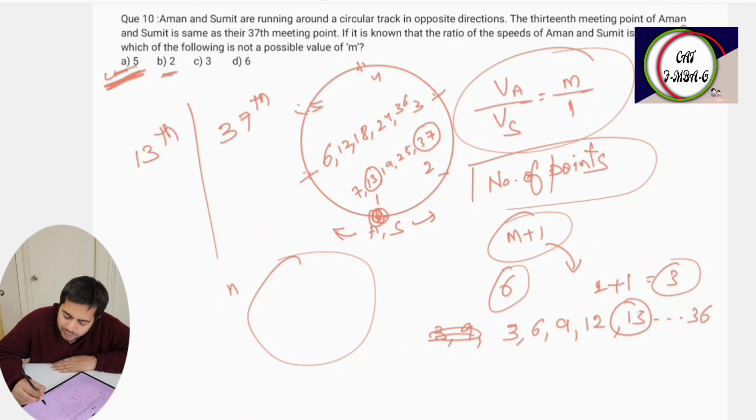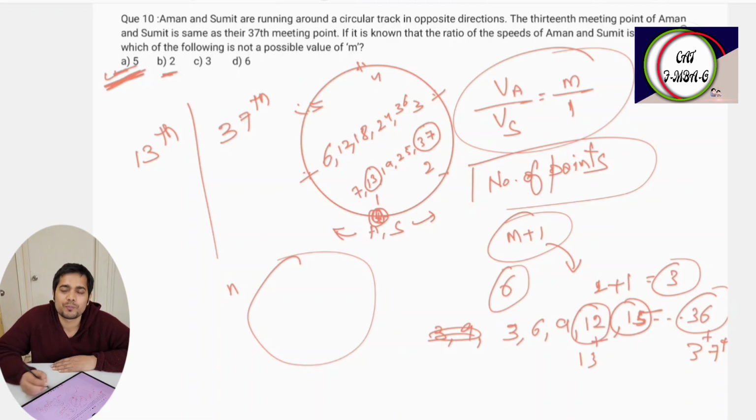So the 12th and 36th points are the same, so the 13th and 37th points will be the same. So this is also not the right answer.